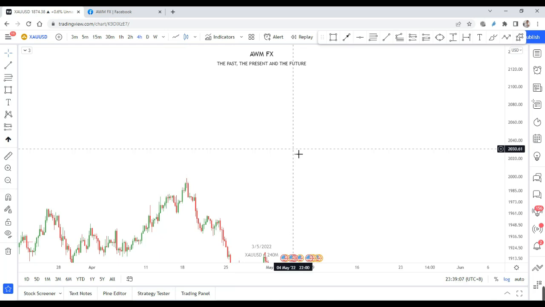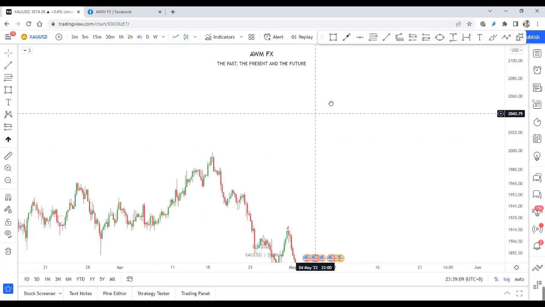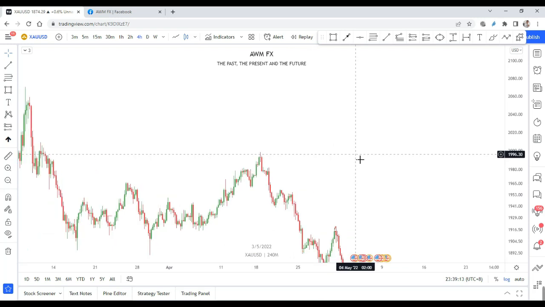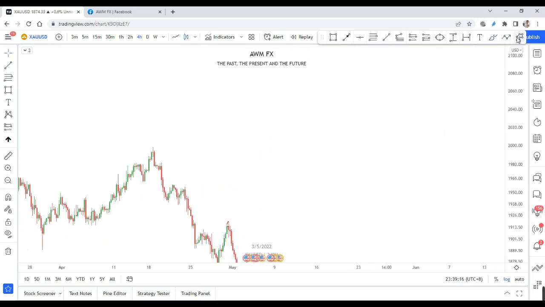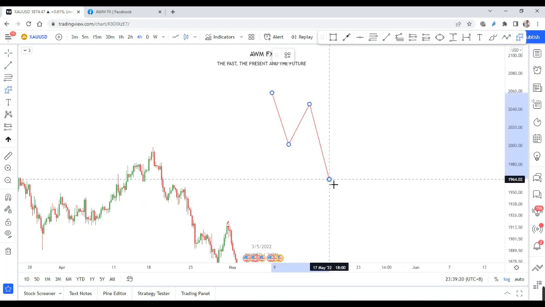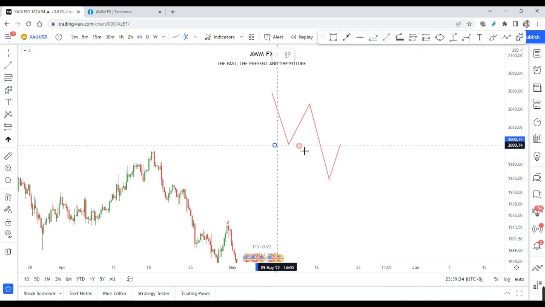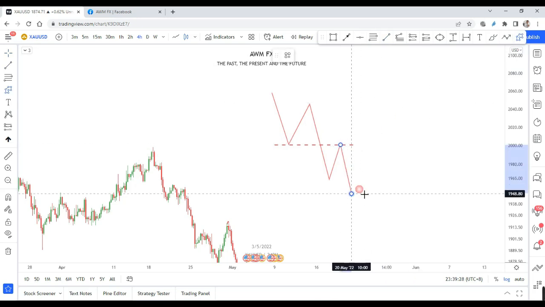So why do you need multi time frame analysis? I give you a few good reasons. If you still remember, we have a kind of sideway called the SBR, where we have a support and then a resistance. Then after that, the price might reject from this area.